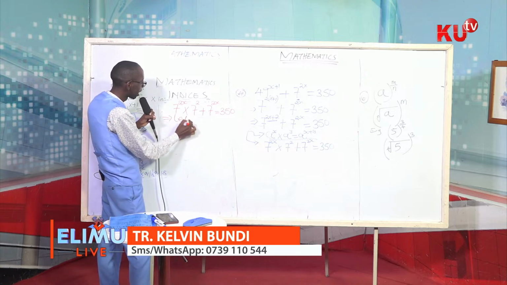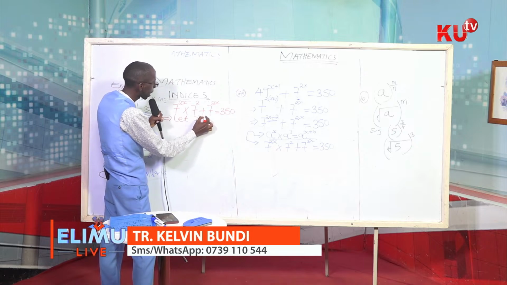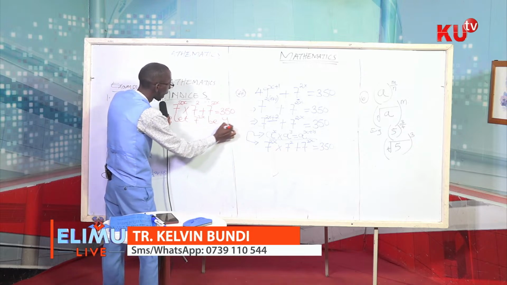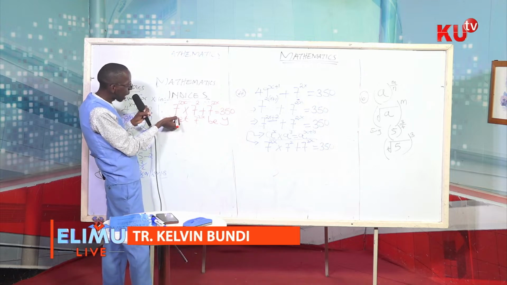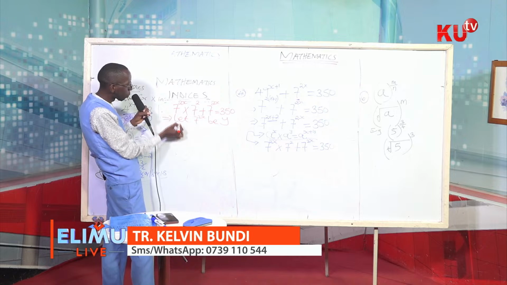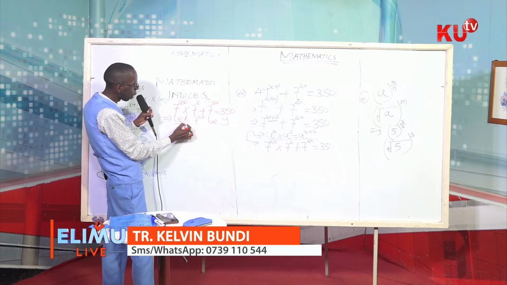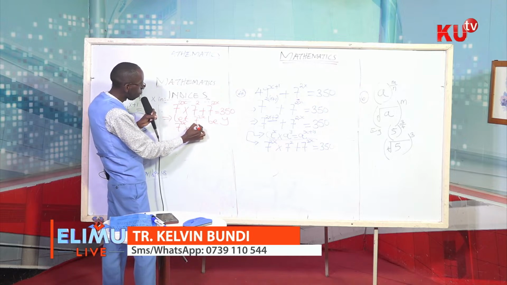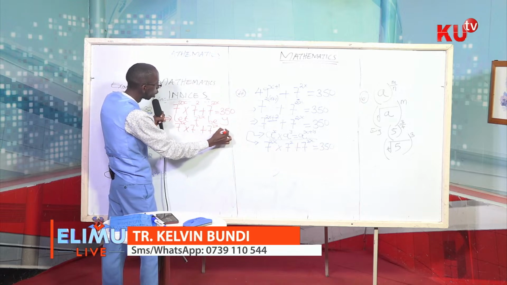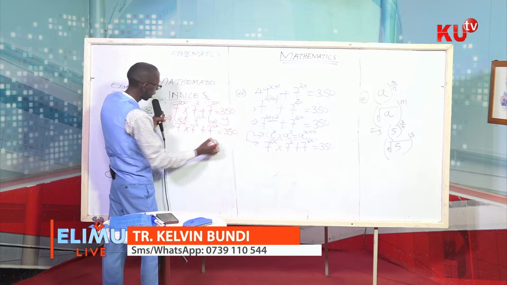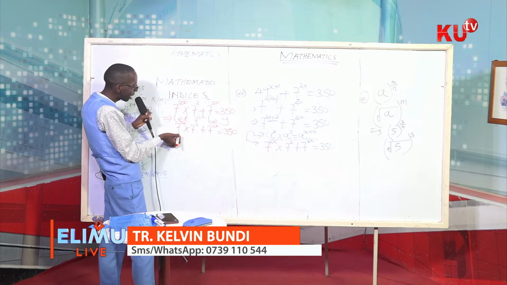Let 7 to power 2x be y. So here we come back to our original question. It was 7 to power 2x times 7 to power 2 plus 7 to power 2x is equal to 350. So we let 7 to power 2x be y.